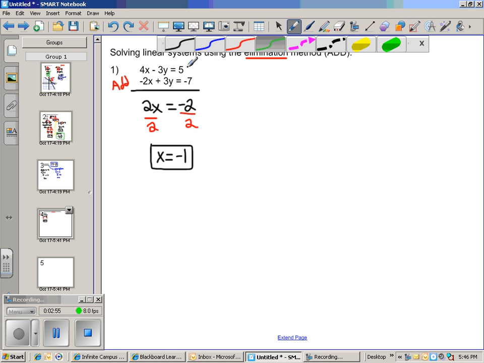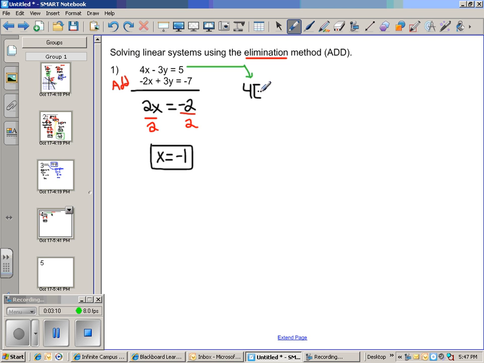So if I take this top equation, we have 4x, but we know that x is negative 1. So we're going to replace x with negative 1, and then we have minus 3y, and that is equal to 5.